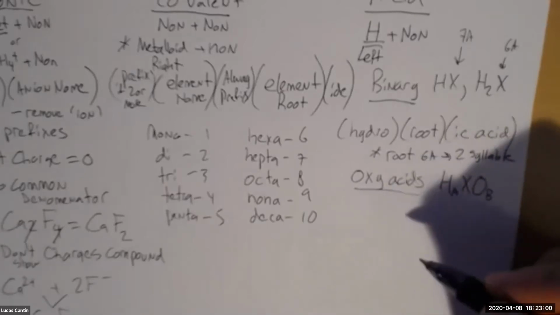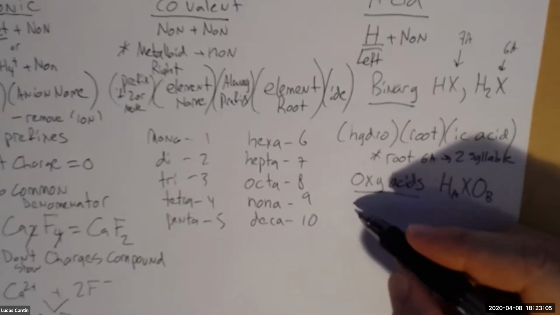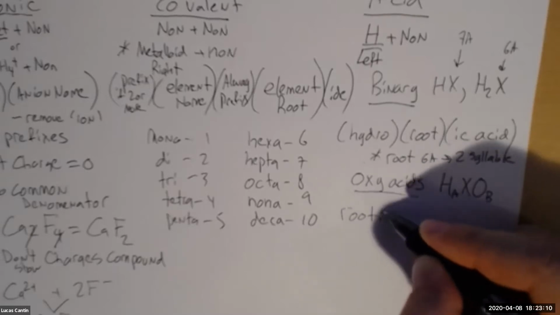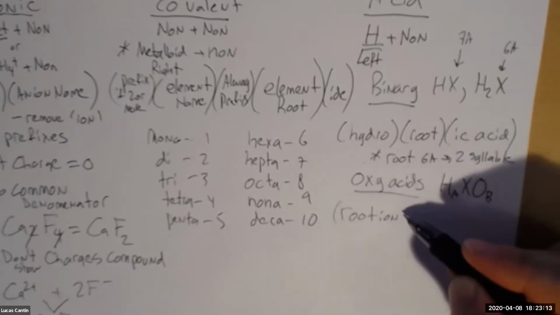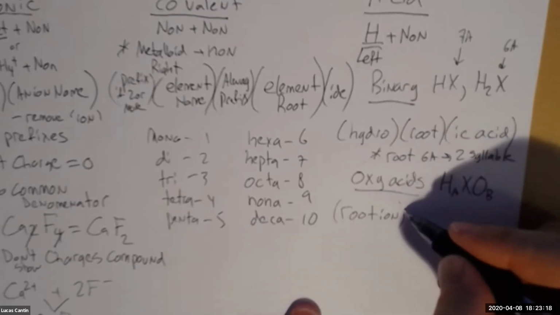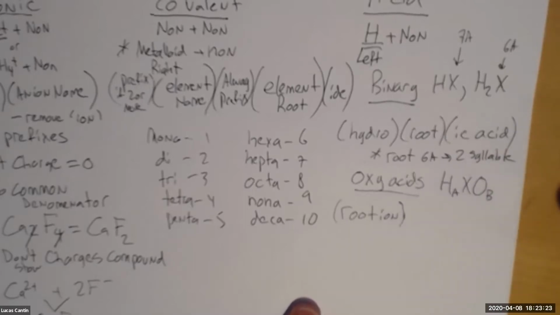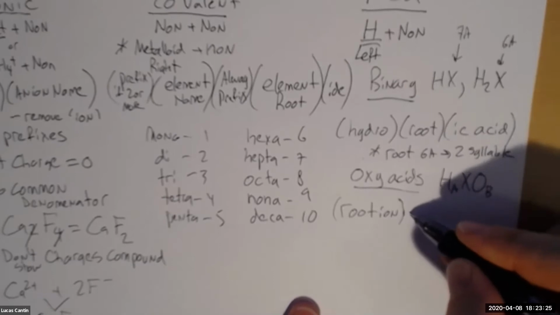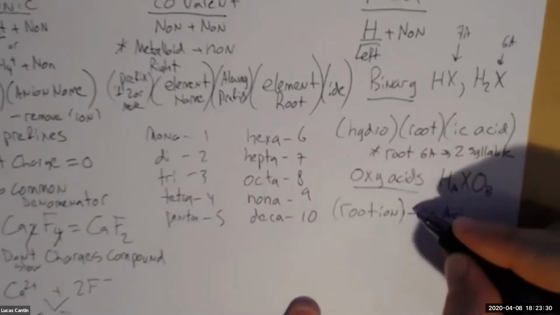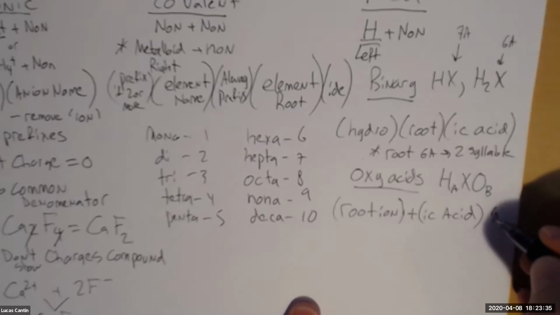And so for the oxyacids, you take the root of the ion, which means you remove the ate or the ite, and then you add ic acid if it came from an ate.